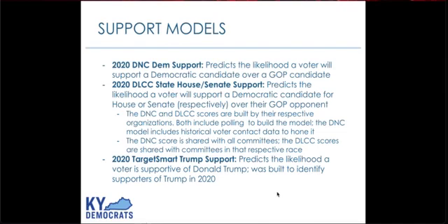Just one idea for folks to help make canvassing, or voter contact overall, a lot easier for their candidates, and make sure they're spending resources on people that will actually support Democrats and not Republicans.